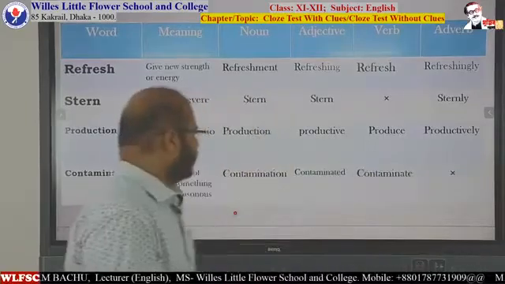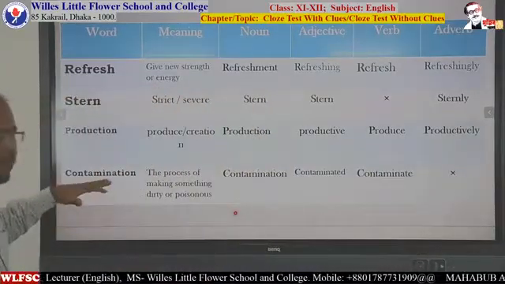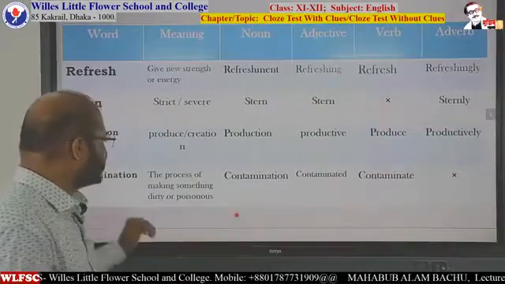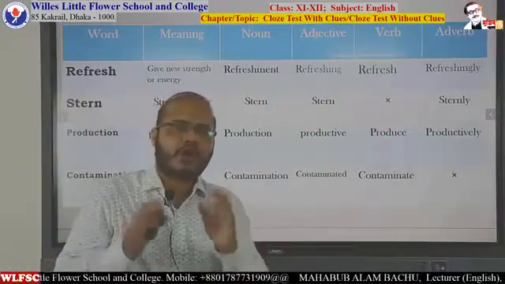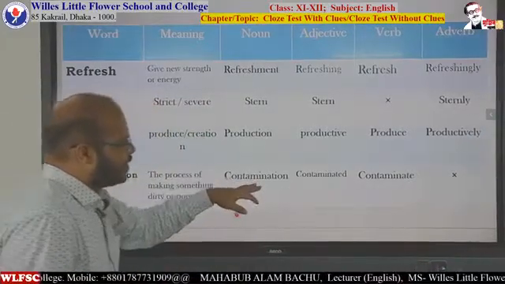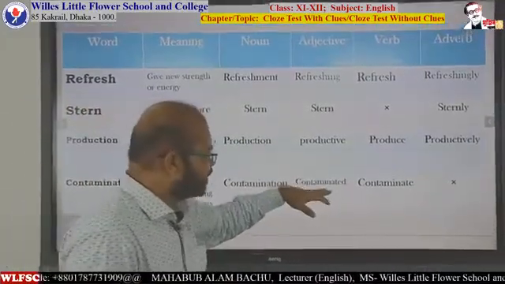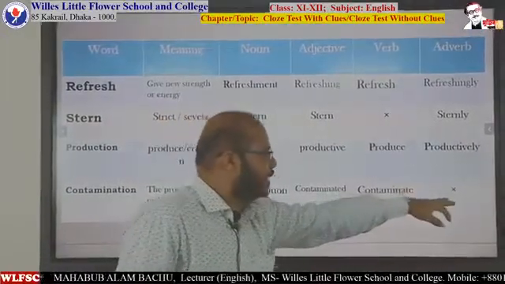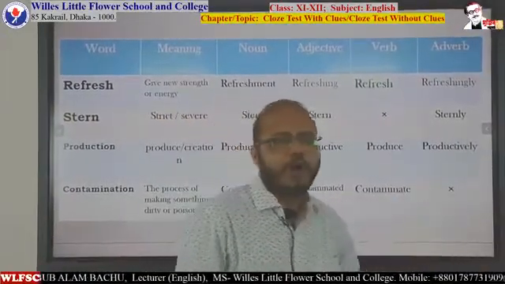Now the last one, contamination. Contamination means the process of making something dirty or poisonous. You can call it also pollution. The noun form is contamination, the adjective form contaminated, the verb form contaminate, and you see there is no adverbial form of contaminate.